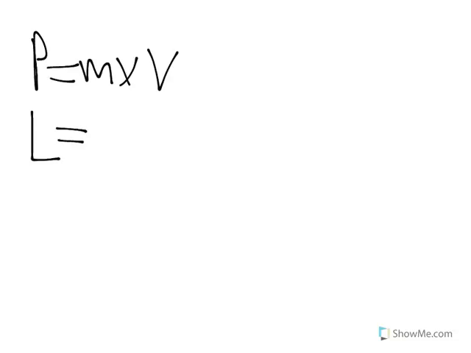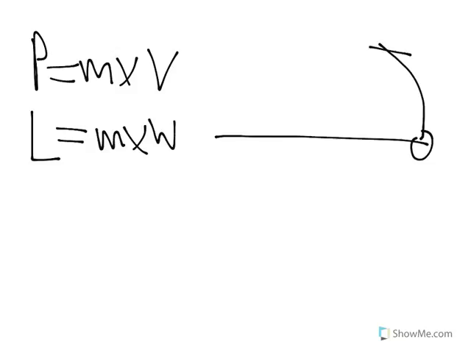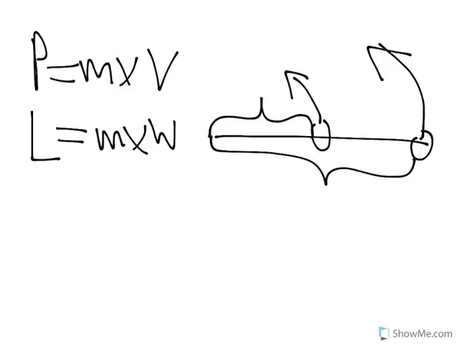Because of this, we can talk about angular momentum. The one wrinkle here is that with regular momentum, we can say momentum equals mass times velocity. We can't say that angular momentum, which is expressed as L, is mass times angular velocity. The reason is that when something's rotating about an axis, if it's near the end, it has a much higher velocity and a much higher momentum than something nearer to the middle, which should have a lower momentum.